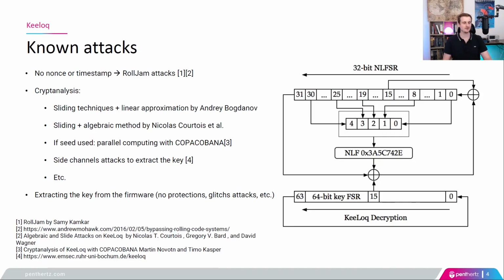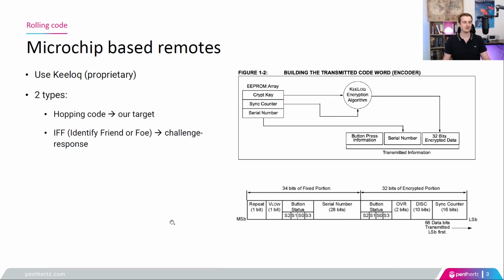Because, as we saw just before, we need the crypto key, which is unknown, so we need to extract the crypto key, and we also need the synchronization counter. If we have one of the unknown parameters, we can try to brute force the other one.